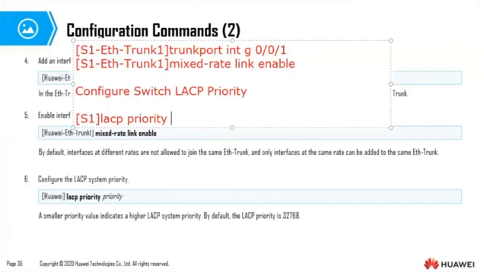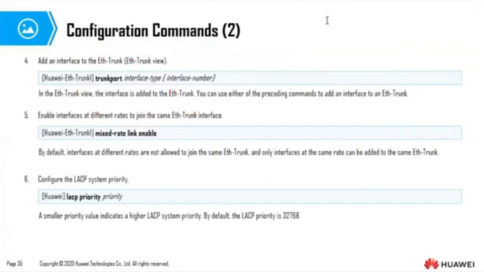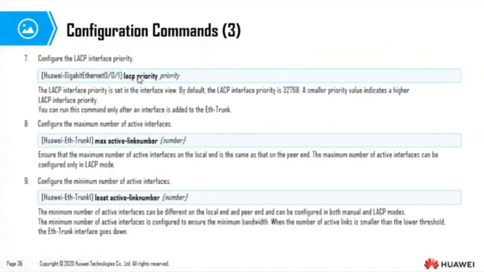Remember, the default is 32,768. So if you give it a lower number, then it will be elected as the actor. So this is the priority value. Find out the maximum value for that.